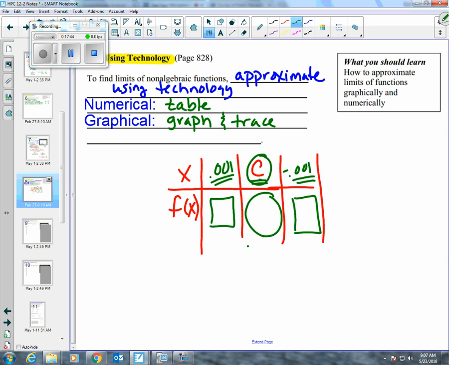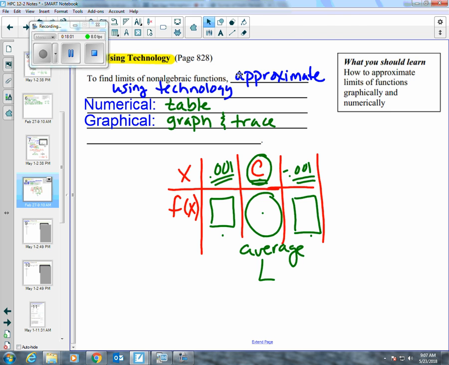Well, that's just an average, isn't it? Right? So if we average the two values that are equal distance on either side, we should be able to come up with the number in the middle, which would be our limit. So that's exactly what we're going to be trying to do, making that numerical approach that we did the other day just a little bit more precise.